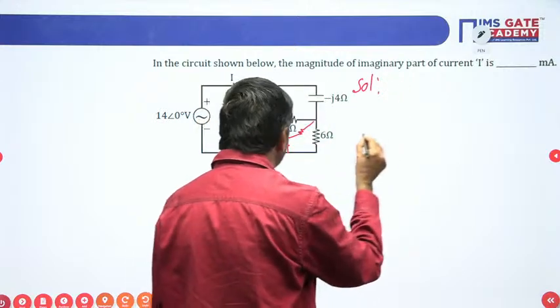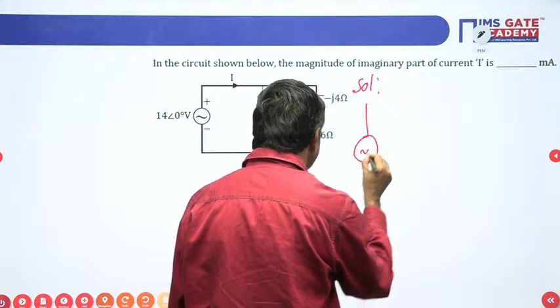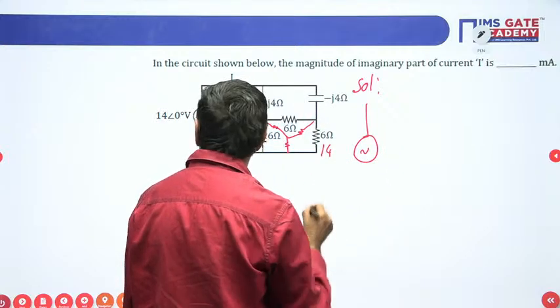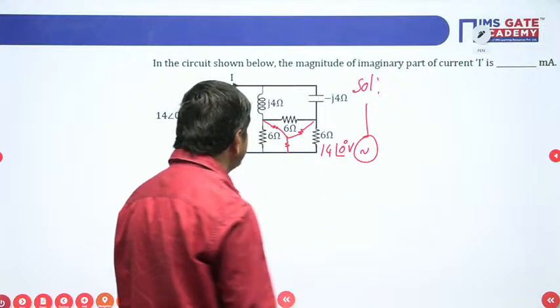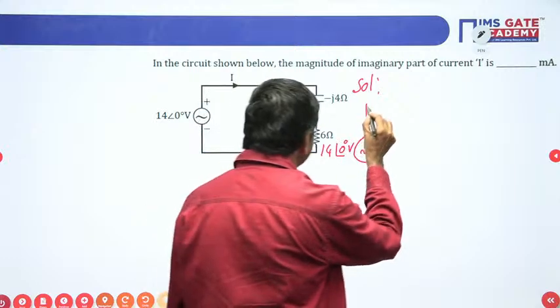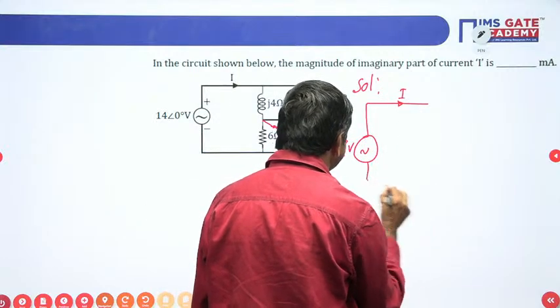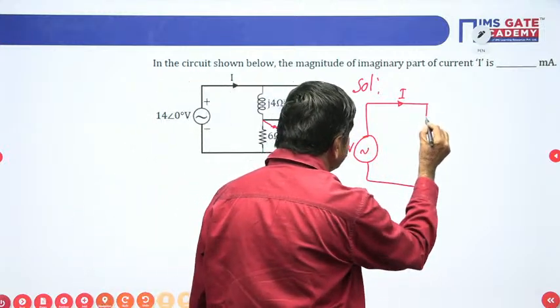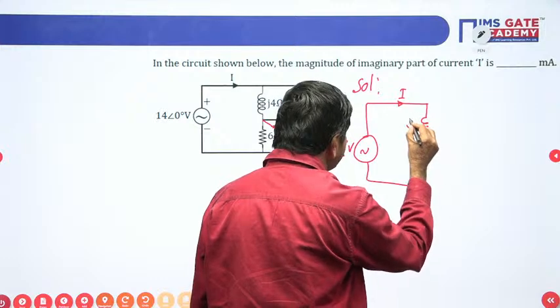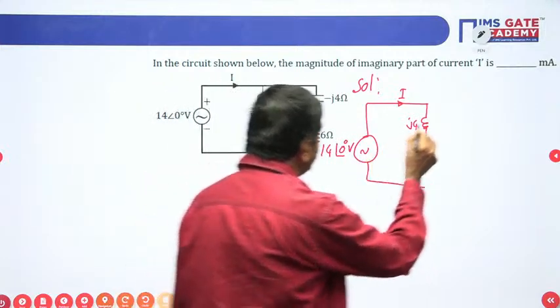There is a voltage source. That voltage source I want to connect as 14 at an angle 0 voltage. The current I is given in the problem. Here the inductor is J4 ohms, I take it as it is. This side the capacitor is there, minus J4 ohms.